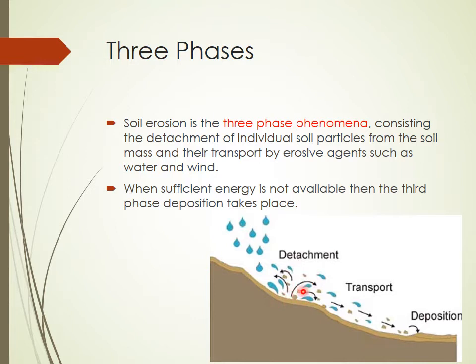The brown particles are detached from the place where they were and are transported. After some time, the energy transporting the particles becomes lesser, so the soil particles are deposited at some place. It starts from here, detaching, then being transported, and being deposited at some place.